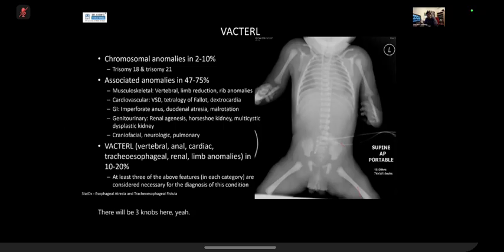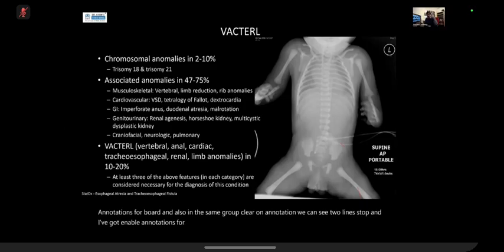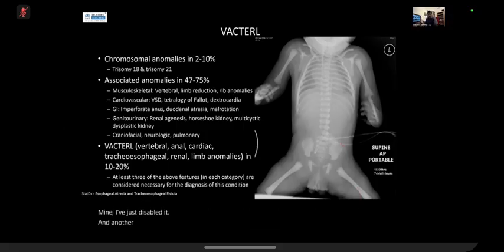Stop annotations for all, and also clear annotations.